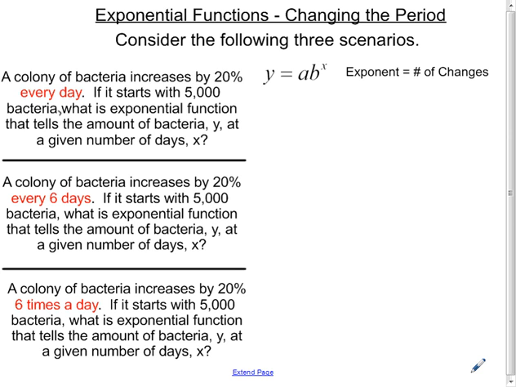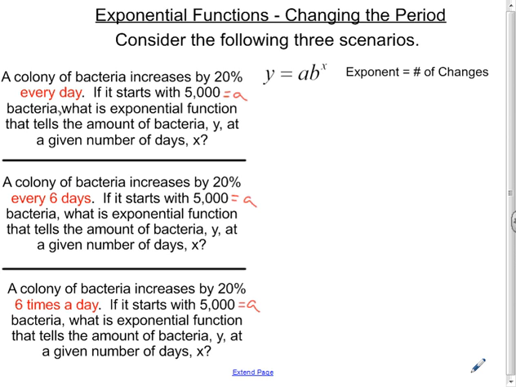Okay, so the first one's decently easy. I just need to be able to identify the initial value a and the multiplier to start, and then we'll see how that progresses from there. So a is going to be 5,000, and it's the case in all 3 of these problems because it's the initial value of bacteria.